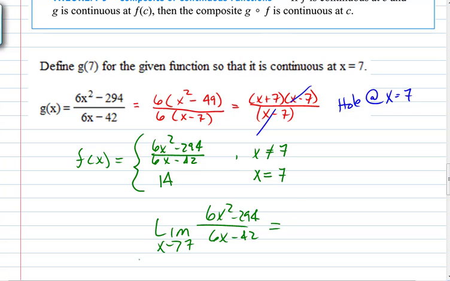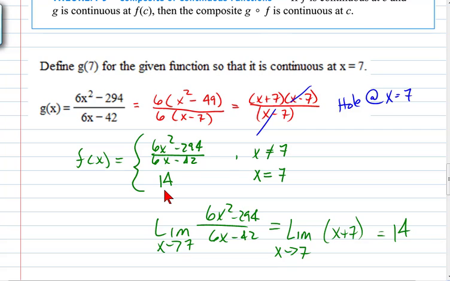I need to know what that is. Well, I go through the process of reducing the fraction, and I say, well, that's going to be the limit as x approaches 7 of x plus 7, because that's what my fraction reduced down to, right? And that limit then is equal to 14. So if g of 7 is 14, then the function is continuous.